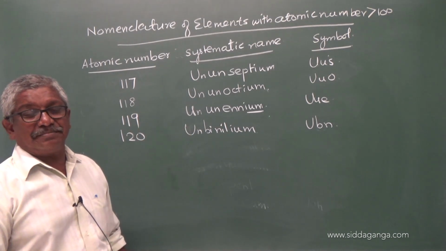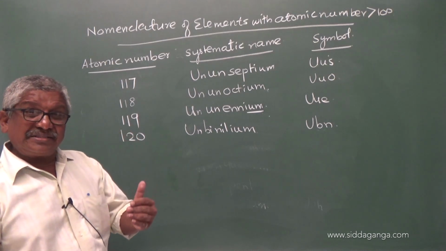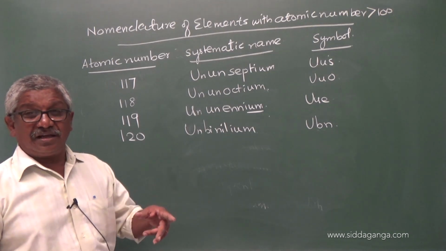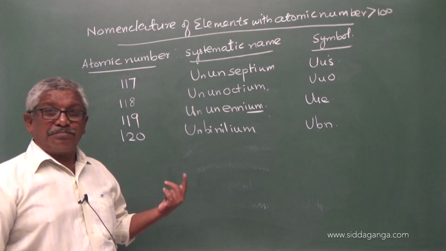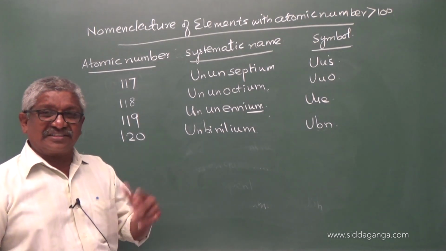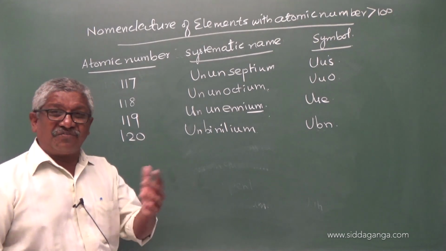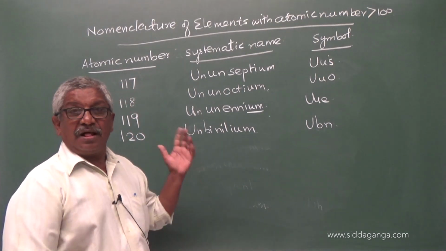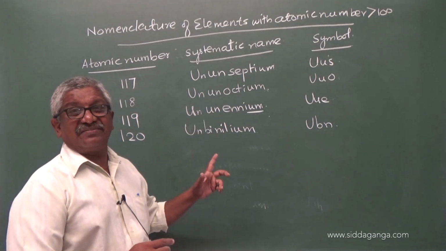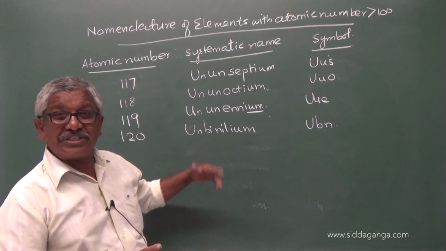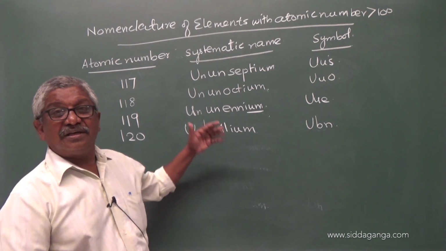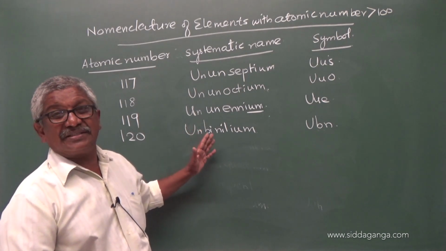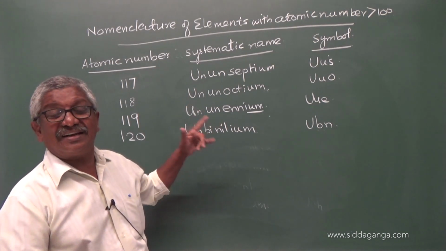This is not the IUPAC name, this is a systematic name based on Latin words of each digit. For 0 nil, for 1 un, bi for 2, tri for 3, quad for 4, pent for 5, hex for 6, sept for 7, oct for 8 and enn for 9. By using these Latin words, we have written the systematic name for the elements with atomic number greater than 100.